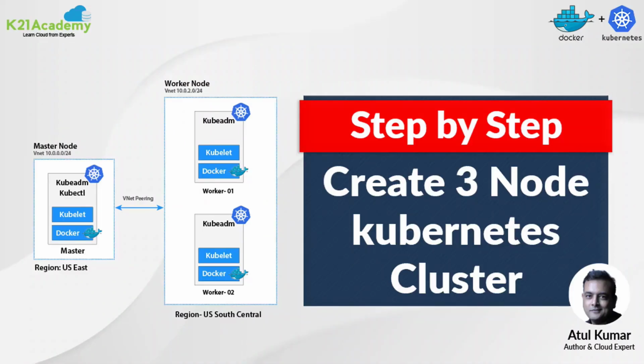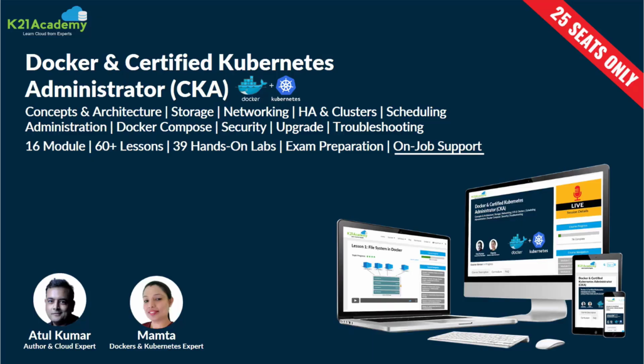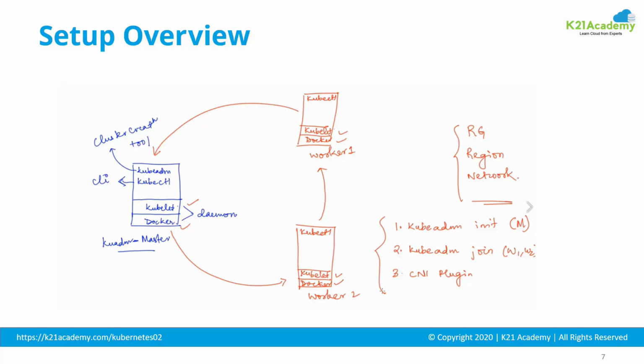So before I tell you how to create a step-by-step 3-node Kubernetes cluster, I've taken a clip from one of our certification training programs on Docker and Kubernetes for administrators, that's CKA. And in this clip, our instructor is going to tell you the overall setup where we're creating a 3-node cluster, and what all software we'll be installing, in a high-level overview in a few minutes.